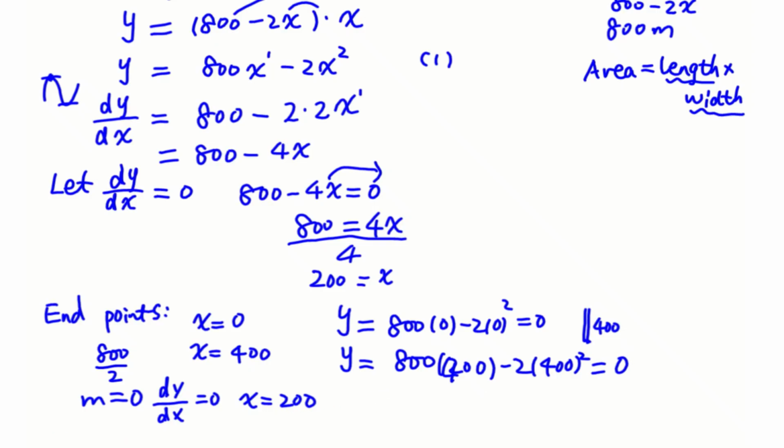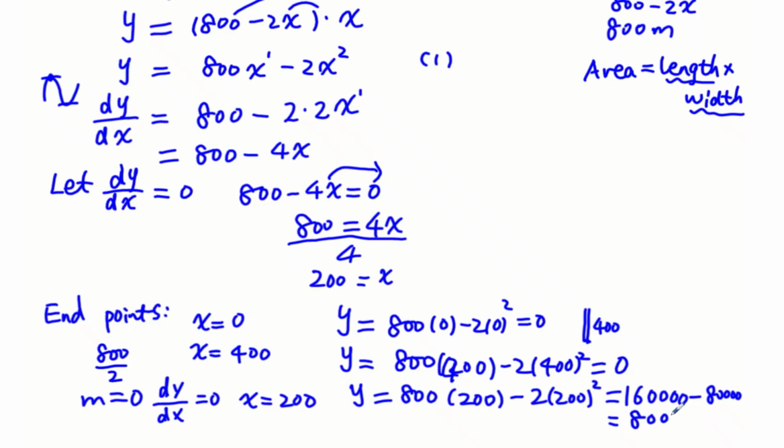And for the 200, we are going to have y equals 800 times, be careful with this equation, 200 minus 2 times 200 squared. Then we are going to do the calculation. You will have 160,000 minus 80,000, so it equals 80,000.